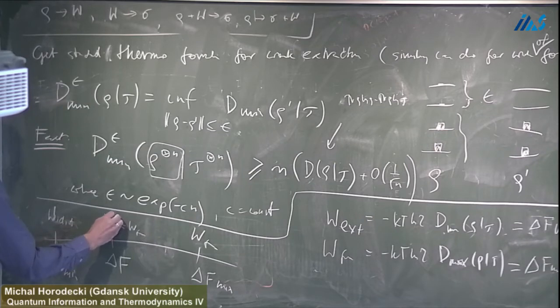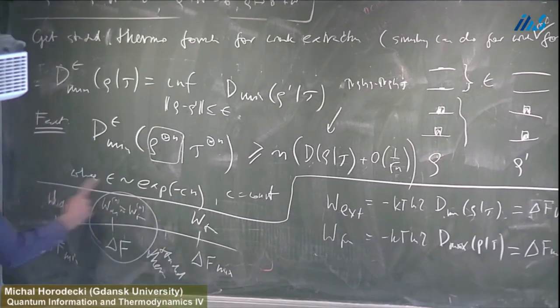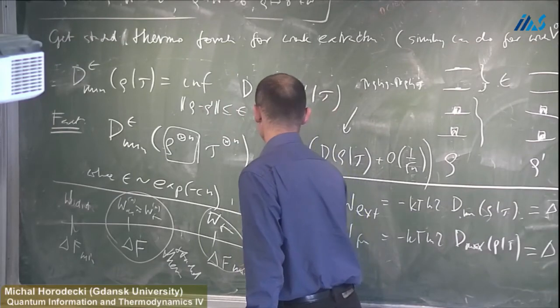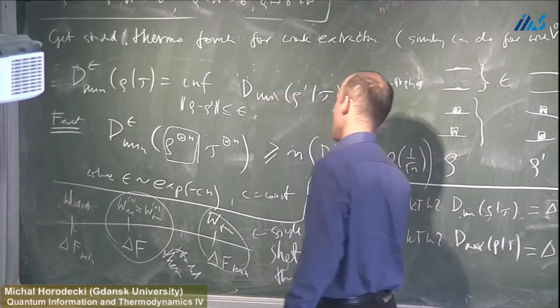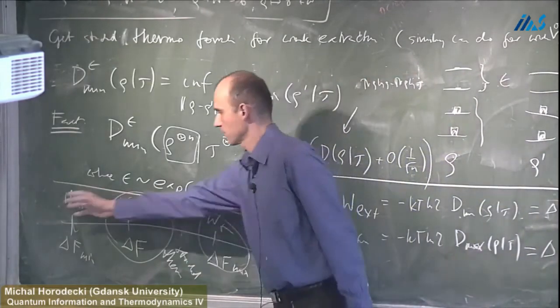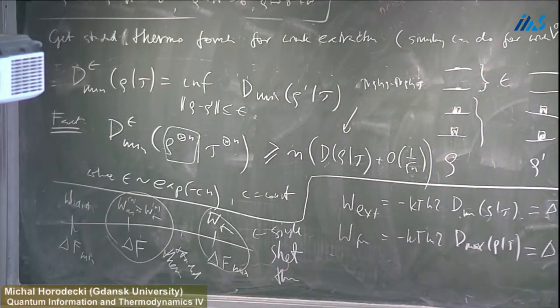So this is when you have many copies: standard thermo. And this is single shot thermo. In entanglement theory, we are used to situations where we have some irreversibility, and then if you take many of the same copies, you get back to the reversible situation. For pure state entanglement, it's like that.